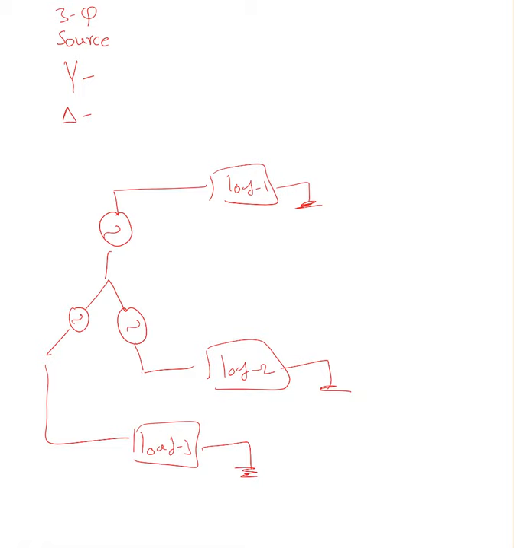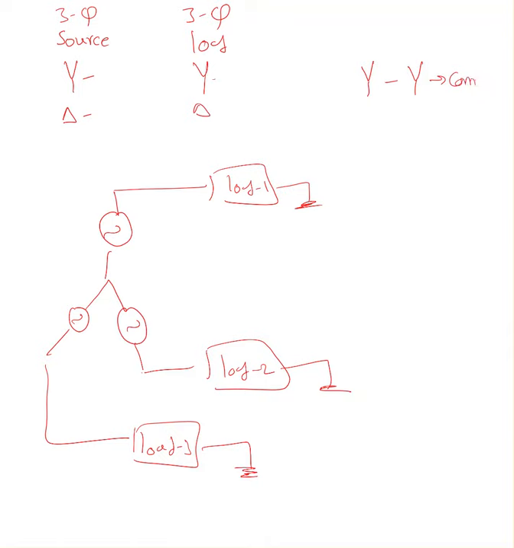If you have a three-phase source, Y or delta, and the three-phase load is also Y or delta, then we'll end up with 4 combinations. The source might be Y and the load might be Y, so that's called a YY connection.